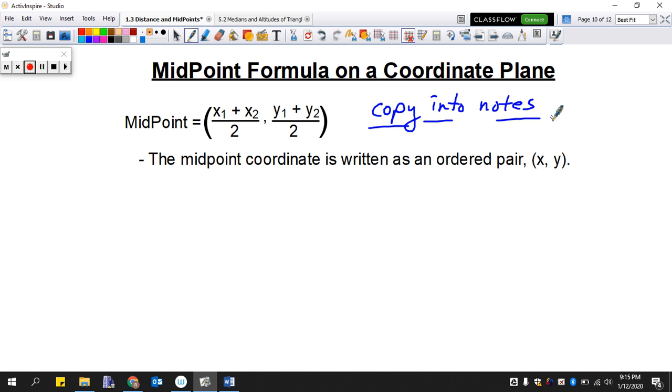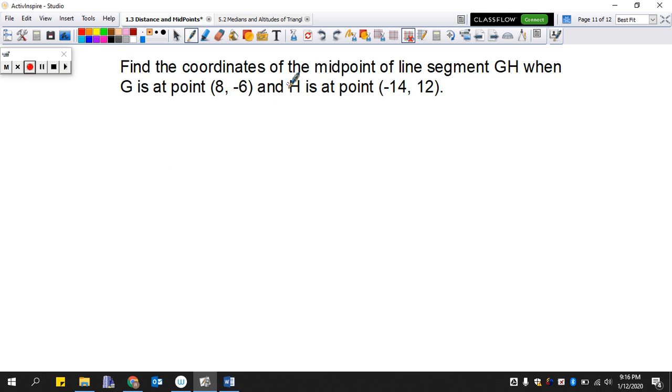So when we do that, x values, 8 plus negative 14 divided by 2. And when we solve that, 8 plus negative 14, signs are different, so we're going to subtract. So that gives us negative 6 over 2, which is negative 3. So our x value is negative 3.